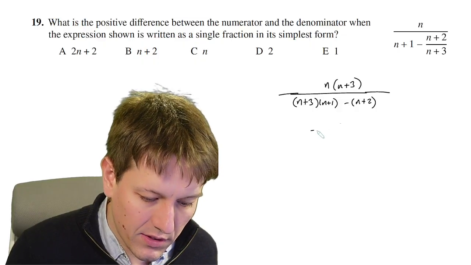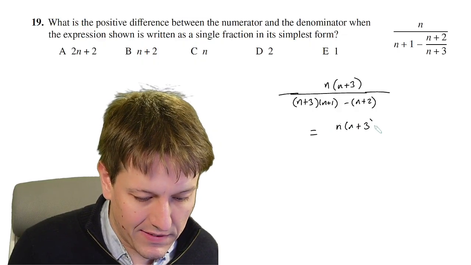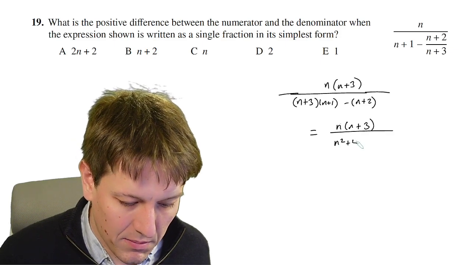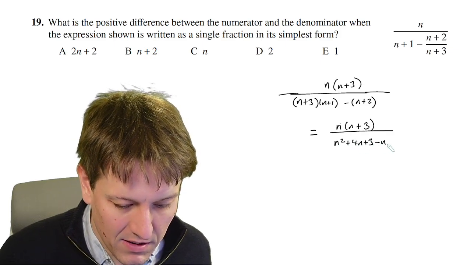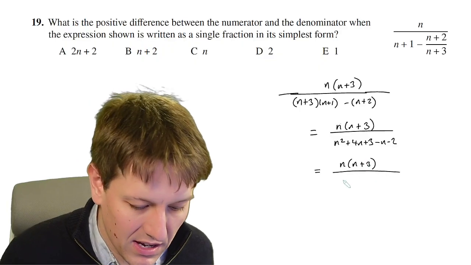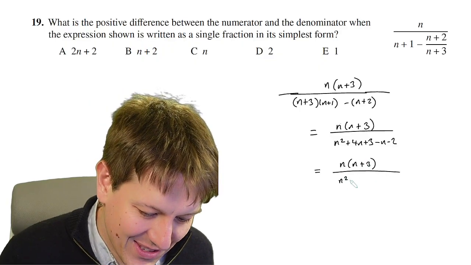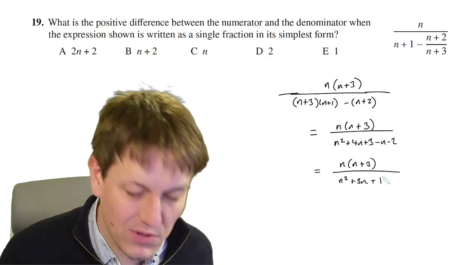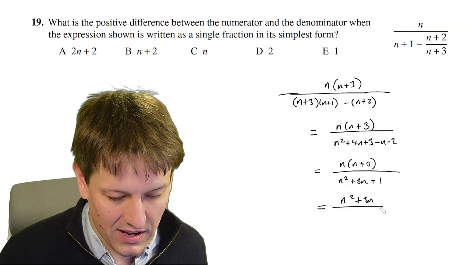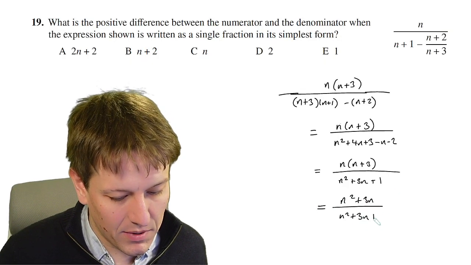Now the top is factorized, we'll leave that as it is, and we'll just multiply out the bottom here. I get n squared plus 4n plus 3 minus n minus 2, so that gives me n times n plus 3 over n squared plus 3n plus 1, and actually multiplying out the top here, that's n squared plus 3n over n squared plus 3n plus 1.